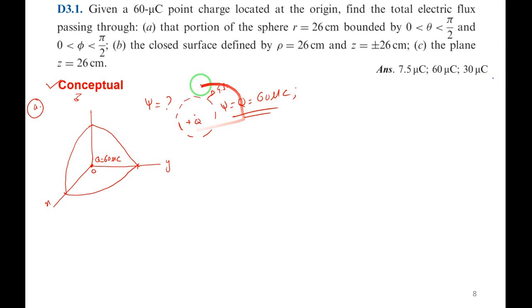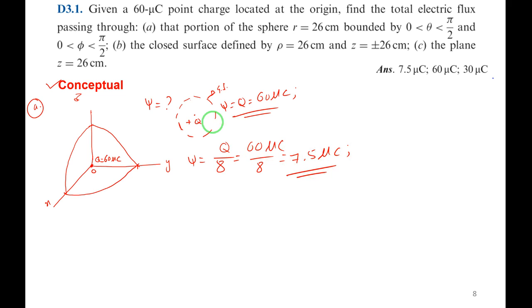But here it is not the complete sphere, it is 1/8 of a sphere. So psi is Q by 8, because in all directions the flux lines leave, and only some amount of flux lines leave this 1/8 of a sphere. We will not consider the other surface, only this surface. So Q by 8, 60 microcoulomb divided by 8. 60 divided by 8 is 7.5 microcoulombs. I hope you got this.